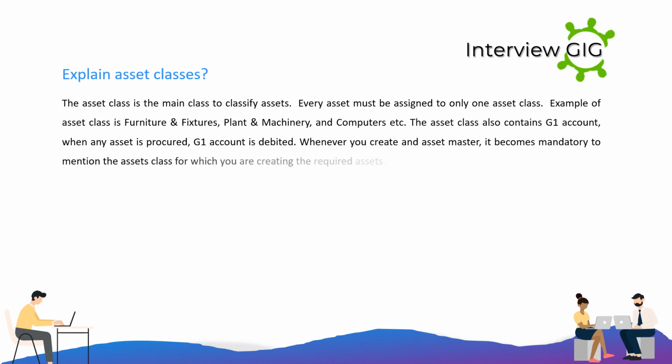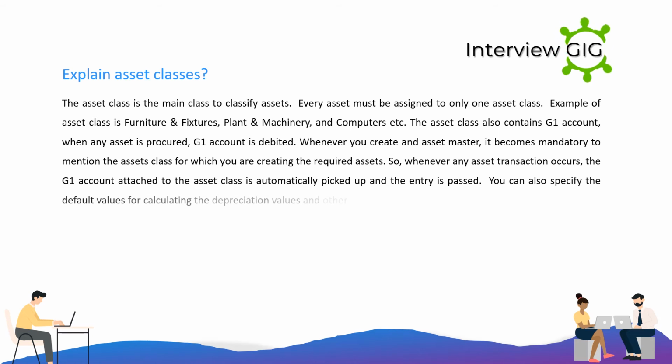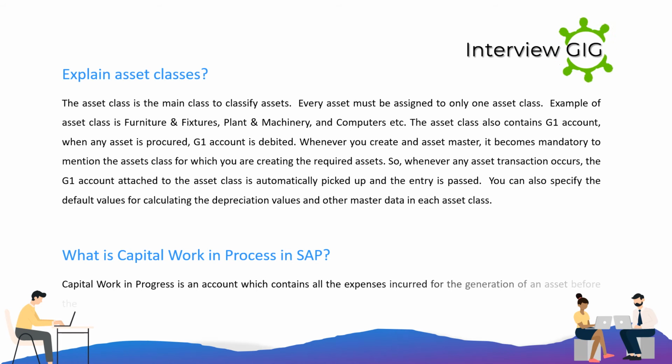Whenever you create an asset master, it becomes mandatory to mention the asset class for which you are creating the required asset. So, whenever any asset transaction occurs, the G/L account attached to the asset class is automatically picked up and the entry is passed. You can also specify the default values for calculating the depreciation values and other master data in each asset class.